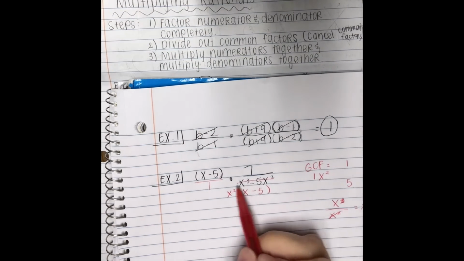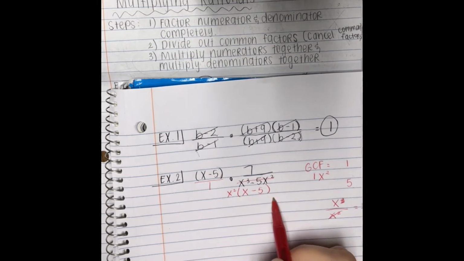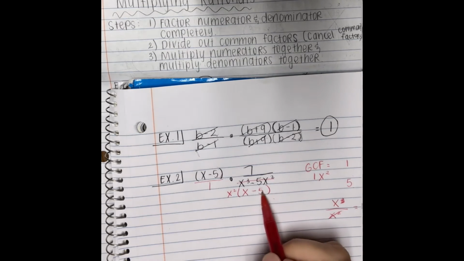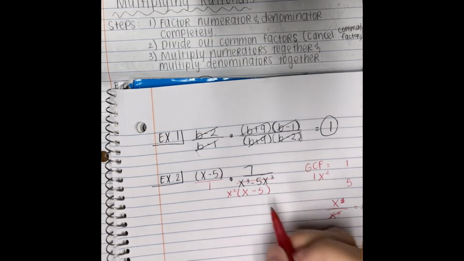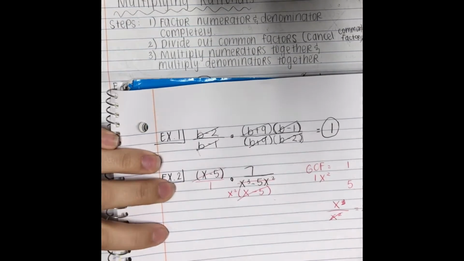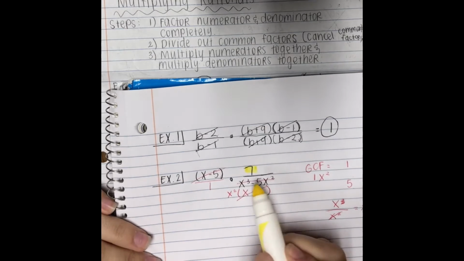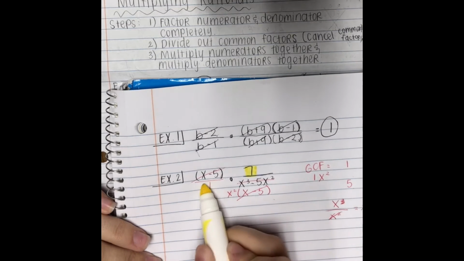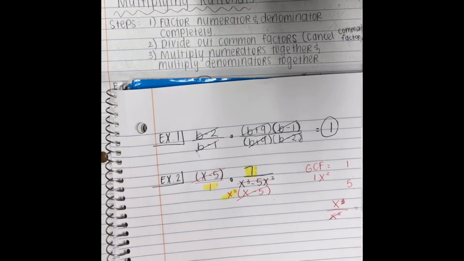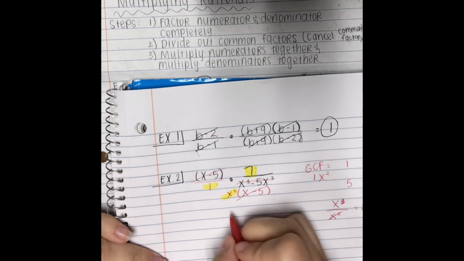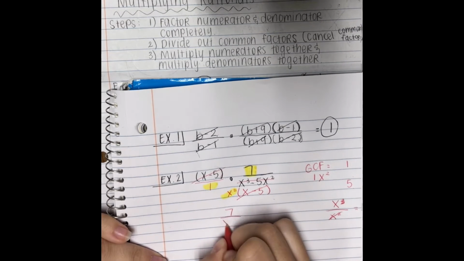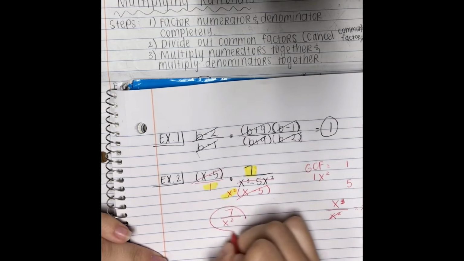I'm crossing this out because we've replaced it with this, right? This is its factored form. Now I have an x minus 5 on bottom and an x minus 5 on top that I can cancel out, okay? Leaving me just a 7 on top, a 1 and an x squared on bottom. So that means my answer is 7 over 1x squared.